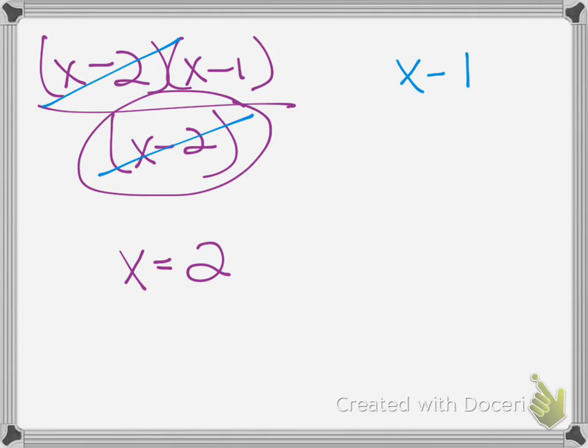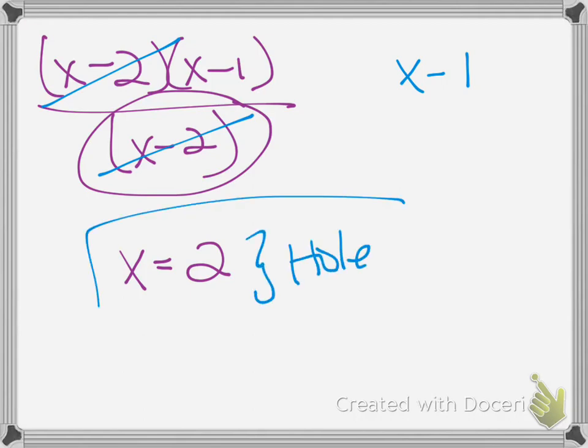Because I have a matching binomial in the numerator as in the denominator, that makes this a hole. It is very important to distinguish between a vertical asymptote and a hole. Both are points of discontinuity, but you need to be more specific about which kind.